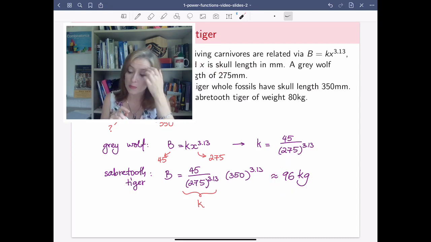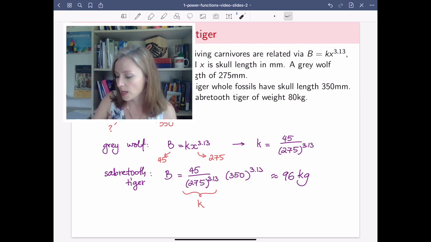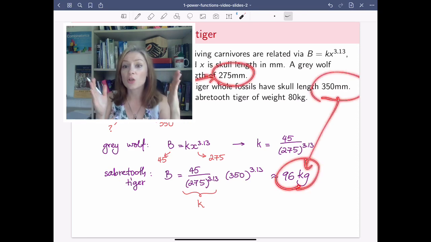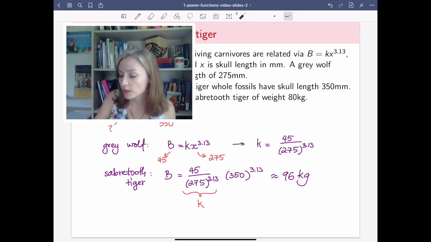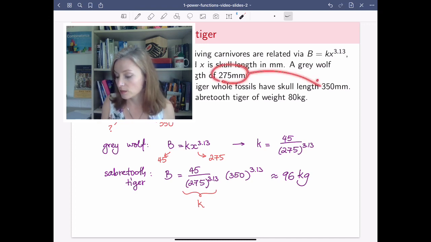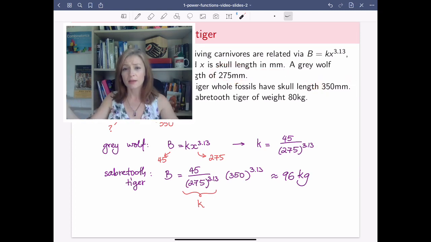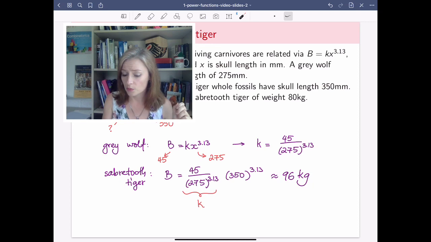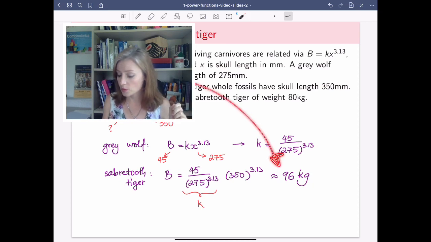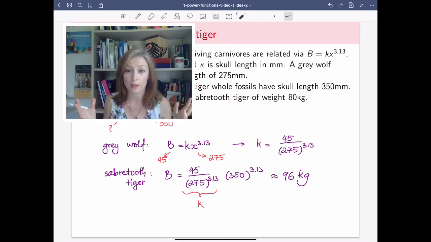Now, sometimes power functions can be misleading like that, because 45 to 275 is not quite the same as 350 to 96, because they're not in direct proportion. They're related through this power of 3, which means that a difference between the skull length will be actually magnified to correspond to a larger difference between the weight, right?